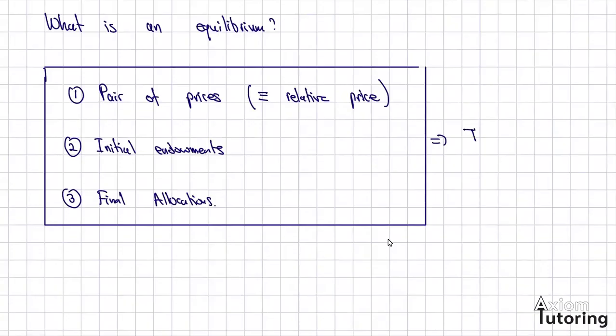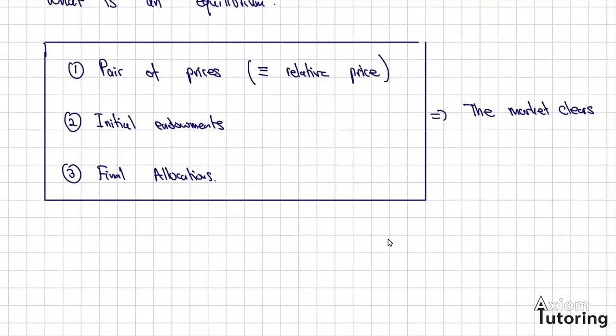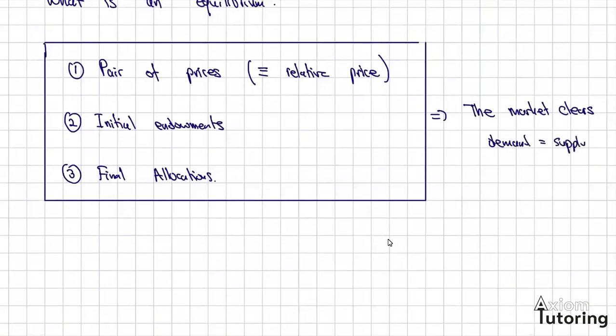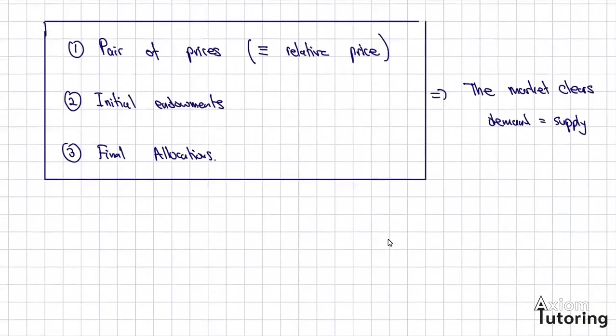The market clears. What do we mean by that? Or in other words, demand equals supply, and everyone is maximizing their utility subject to the prices.